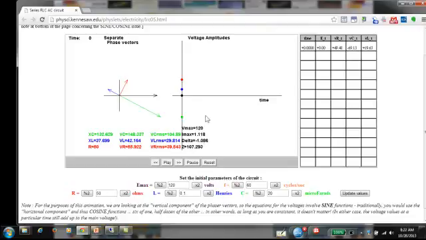Now, the impedance, square root of R squared plus parenthesis XL minus XC squared, that's here. That's the reactance of all of them together, or what we call the impedance. In this case, it's 107 ohms.